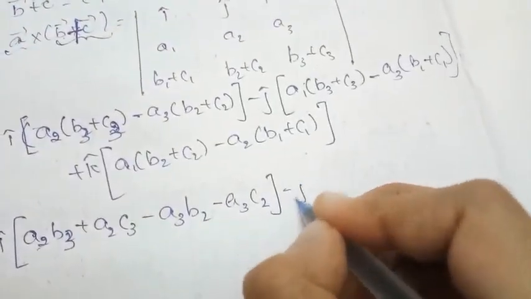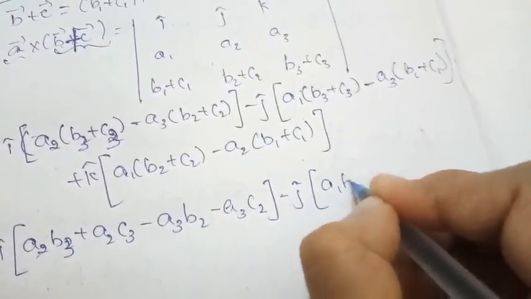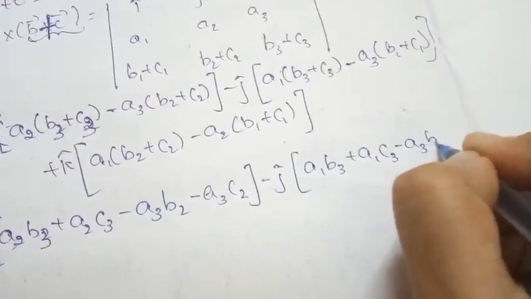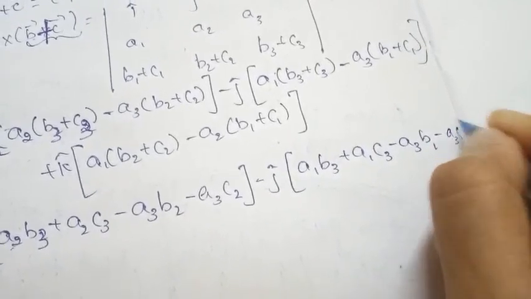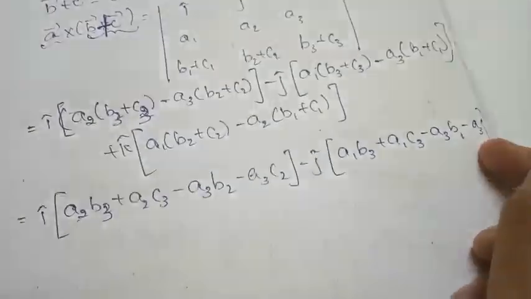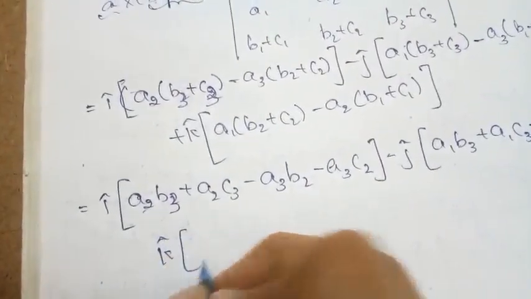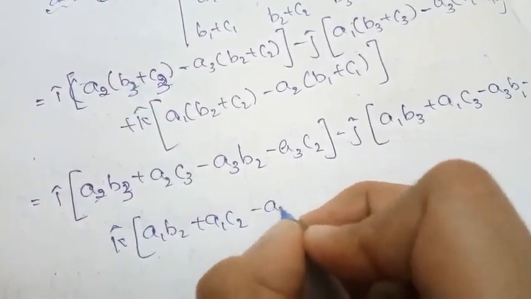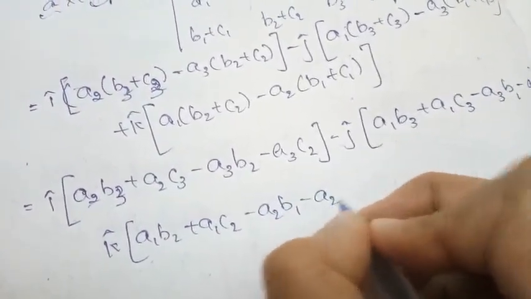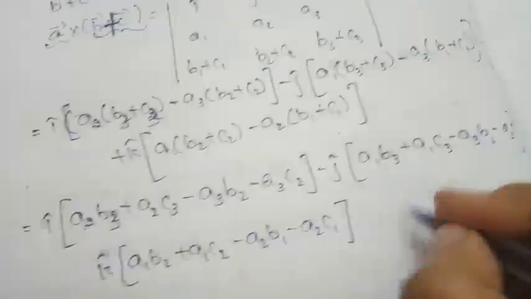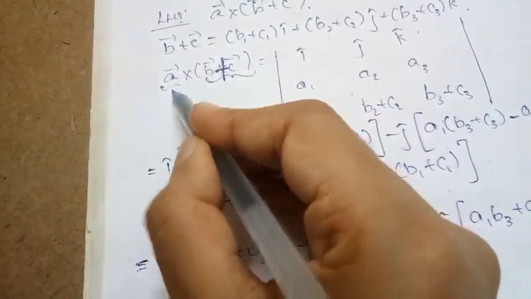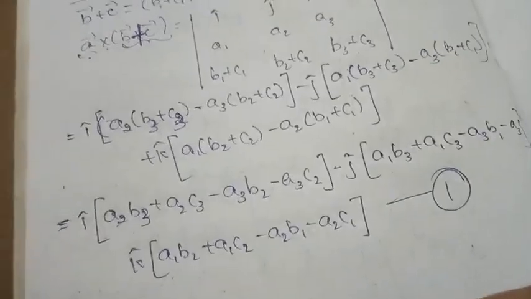Next, minus j cap: a1 b3 plus a1 c3 minus a3 b1 minus a3 c1. This is the component of j cap. Then k cap: a1 b2 plus a1 c2 minus a2 b1 minus a2 c1. This is the component of k cap. So this LHS, vector A cross (vector B plus vector C), I will call equation 1.